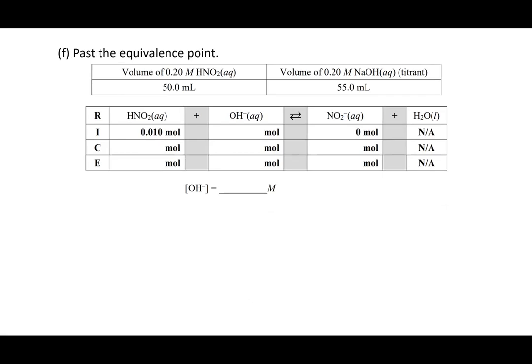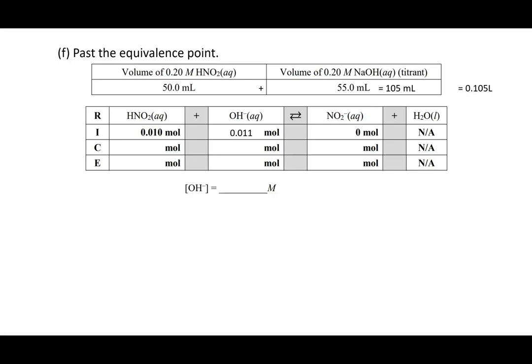So again, I add 5 more milliliters of my 0.2 molar sodium hydroxide. Now, we've been down this road a number of times. We add up our volumes, 105 milliliters. We do our math to get the number of moles of HNO2, always been at 0.01.